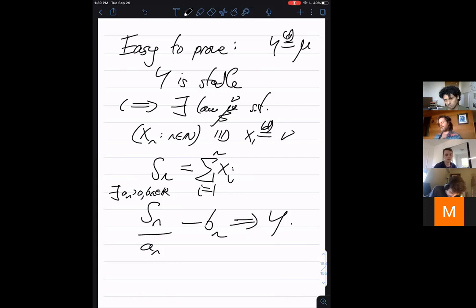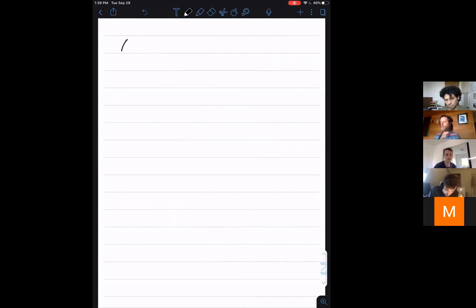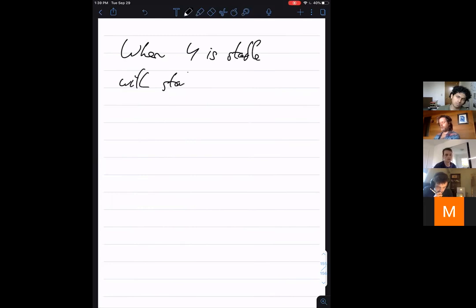So it's largely working around to a definition, which is simply that when Y is stable, with law as before mu, we can ask about another law, mu, which is the law of x1 in what we just wrote.